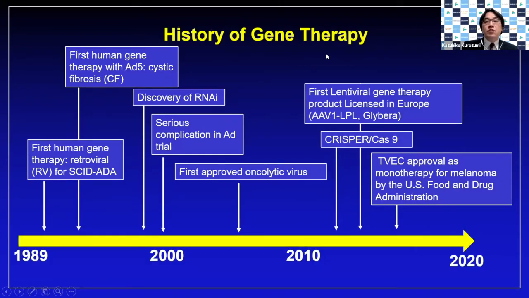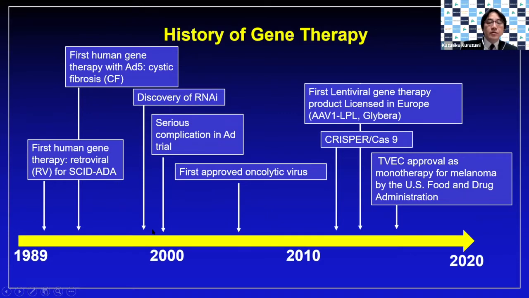This is the history of gene therapy. Around 1990, the first human gene therapy used a retroviral vector for ADA deficiency. With an adenovirus vector, the first human gene therapy was for cystic fibrosis. Then RNAi was discovered.